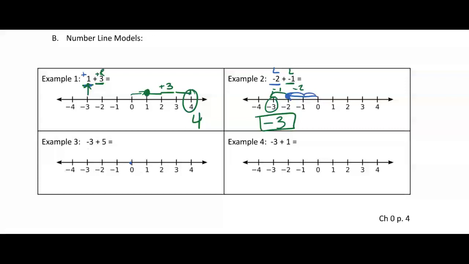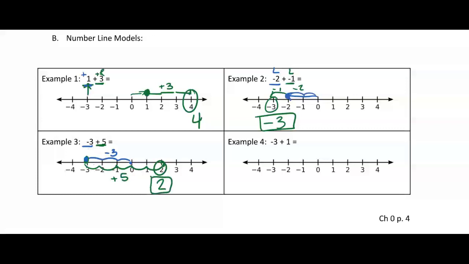In example 3, we start by going 3 from 0 in the negative direction. So this is where I start after my first number. Then I'm going to go 5 from this starting place in the positive direction. 1, 2, 3, 4, 5. Which leaves me at positive 2.